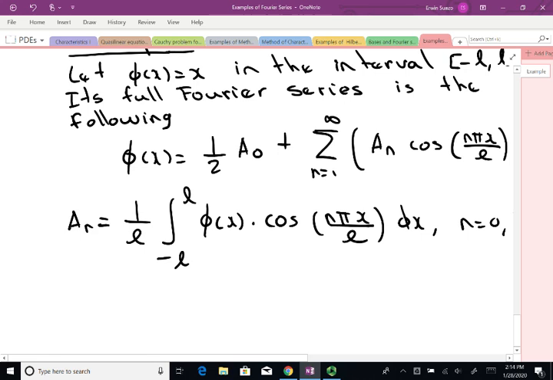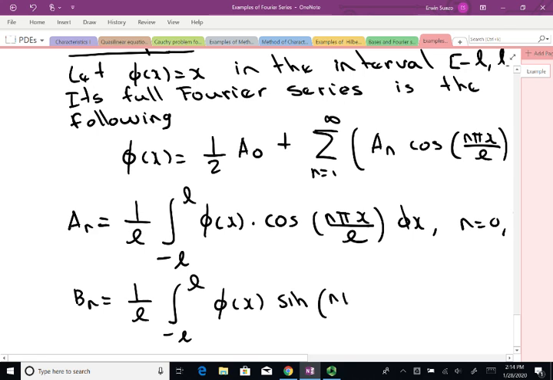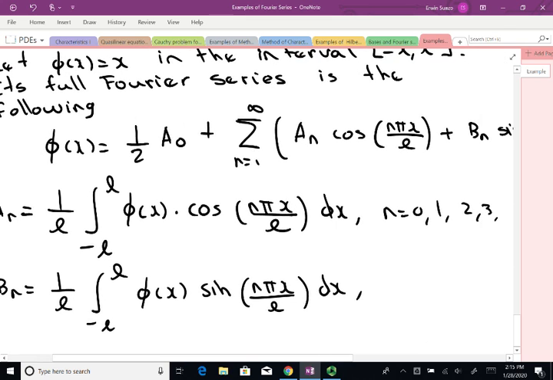And then b_n is 1 over L integral between minus L and L of phi of x sine n pi x over L dx, for n equals 1, 2, 3. Okay, so that's what we have to do.